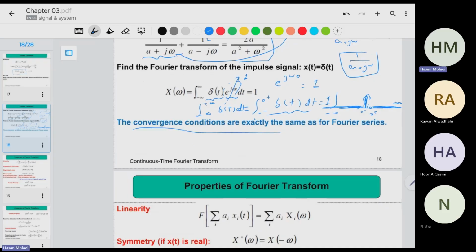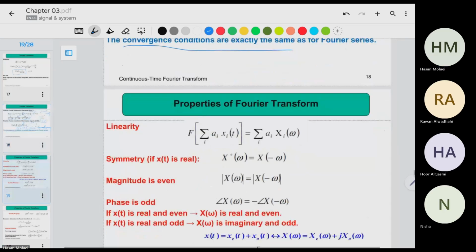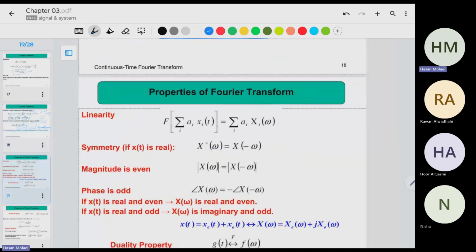The convergence is exactly like Fourier series because we find it through Fourier series. So all conditions for convergence, which we saw earlier, should be the same. The Fourier transform has the linearity property. What does it mean? If I have e to the power of minus 2t u(t), what is the Fourier transform of this?